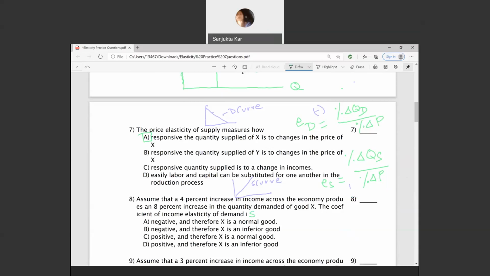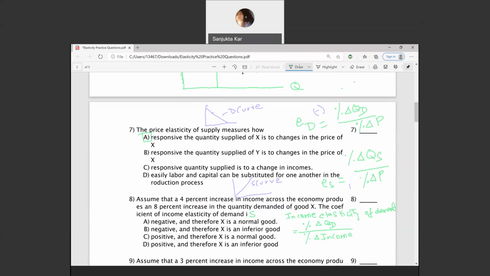So here I'm going to look at the income elasticity of demand. The formula is percentage change in quantity demanded over the percentage change in income.